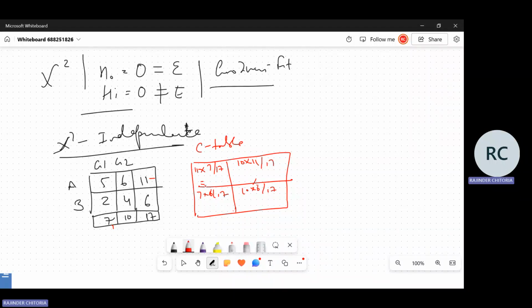So let's write it down. 11 into 7 divided by 17, we're getting approximately 4.5.